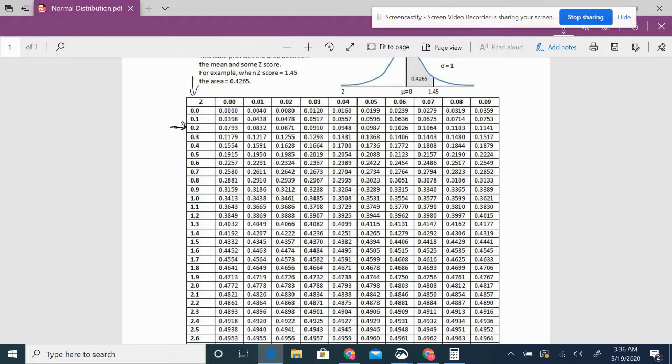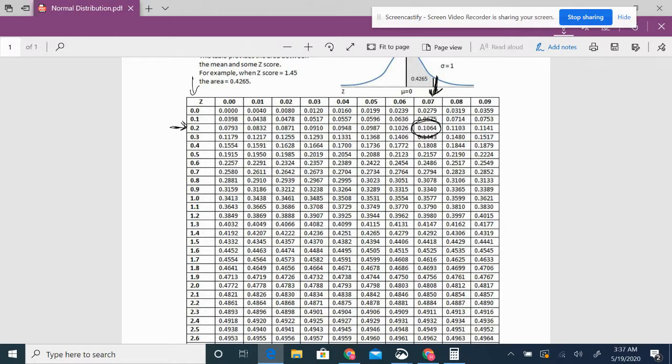I'm ignoring the negative right now. Remember it was negative 0.27. The list on the left gives me up to the first decimal place, 0.2. My second decimal place I'm going to get from here. There's my 7. So they meet, and 0.27 is 0.1064.